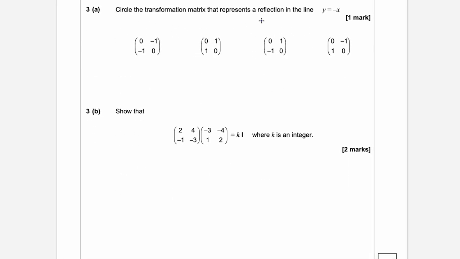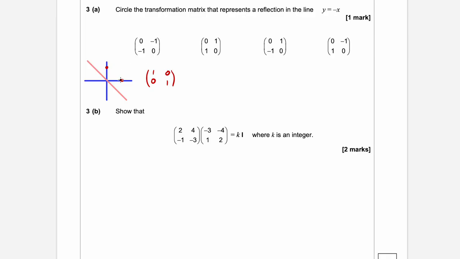3a, circle the matrix that represents a reflection in this line. Okay, so guys, I'm just going to very quickly show you the identity matrix graphed, and then the line y equals x, sorry, y equals minus x is this line here. So the identity matrix, guys, is 1, 0, which is this point here, and then this point here, which is 0, 1.